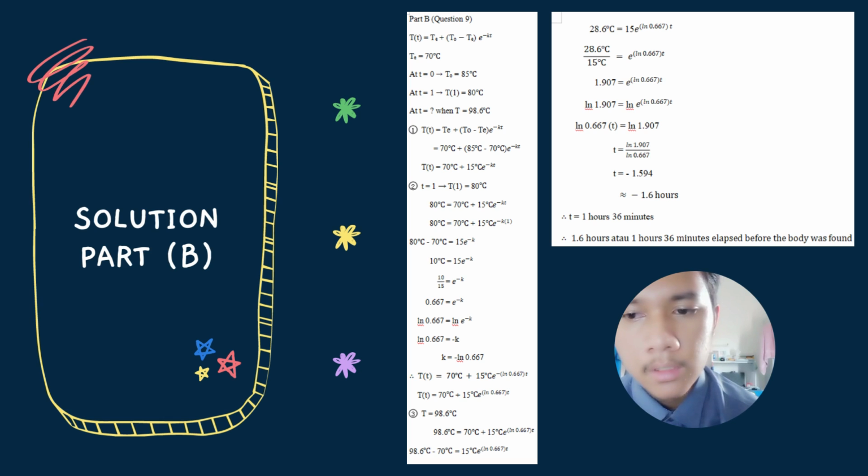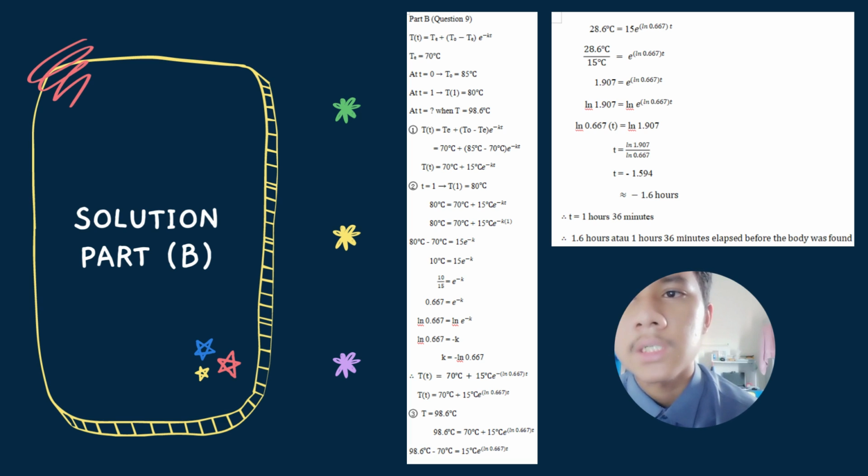For the time, we need to equate it with 98.6 degrees Celsius. So we get 1.907 equals e^(ln 0.667 times t).